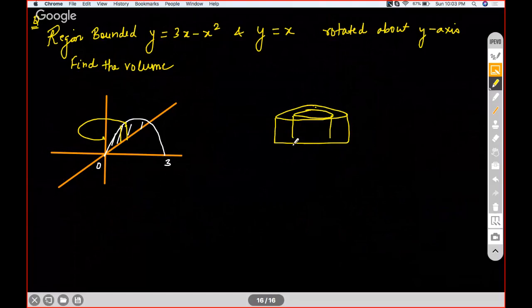What's different between that and this? There is a difference. What expression will you now write for the volume? Same thing: pi times R2 square minus R1 square into dx. What is R1, R2 in this case? That would create a problem, so it gets interchanged. What do you do, Shreya? Any idea?